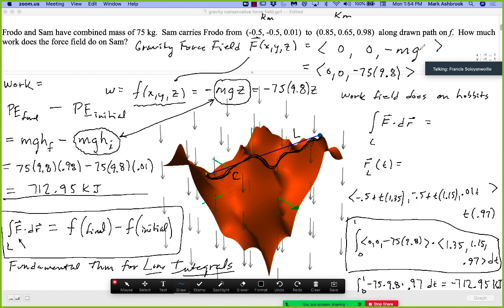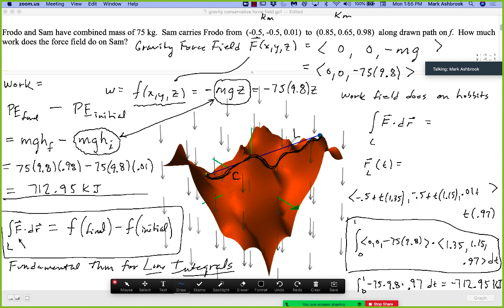Professor, I'm just confused. Why is it negative mass rather than positive? Are we taking the direction of z opposite to the vector field? Well, the reason we got some negative sign stuff going on is because the work that the field does on Sam and Frodo is equal and opposite to the work that Sam and Frodo do to get up.